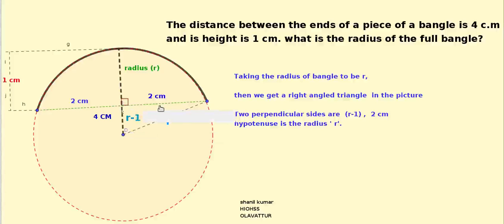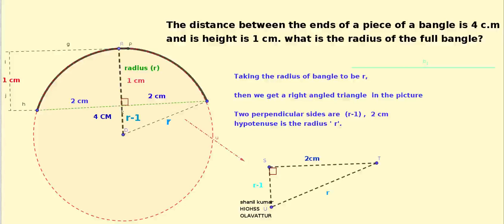The perpendicular sides are 2 centimeter and r minus 1, and this r is taken as the hypotenuse of the right triangle. So let us take that right triangle here.